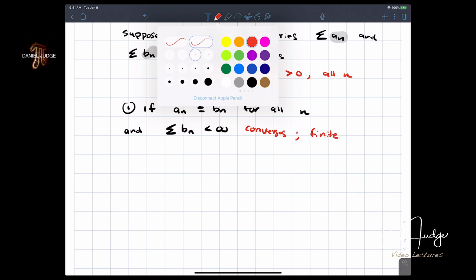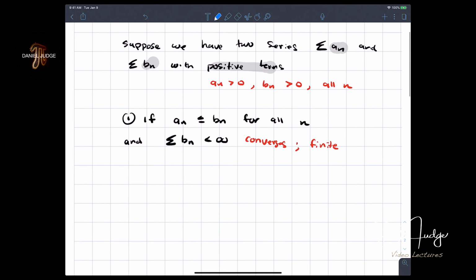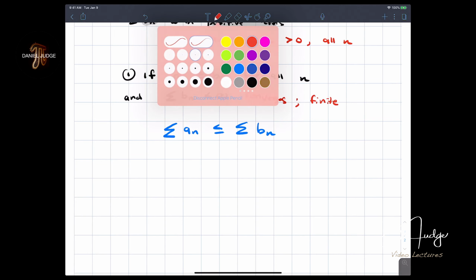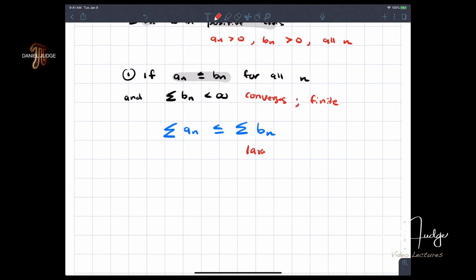Because if we have this assumption here that a_n is less than or equal to b_n, what that means is if we add the terms a_n and we add these terms together here, this is also true. This implies that if for every term a_n is less than or equal to b_n, then the sum of a_n is less than or equal to the sum of b_n. And so I started to use the phrase larger series here.